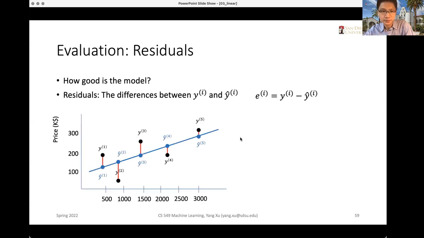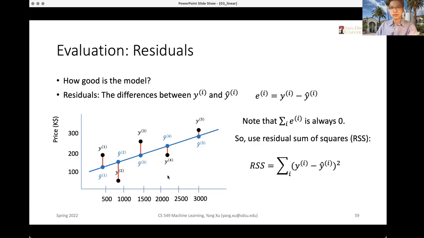You can simply look at it as the little segments here, measuring the differences. But if we sum up all the e's, it will not tell us anything about the differences because they always equal 0 if we sum up the error terms. So we will use the residual sum of squares. This formula is very familiar, right?